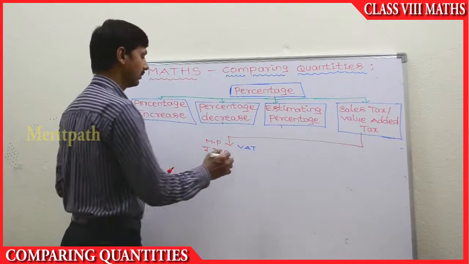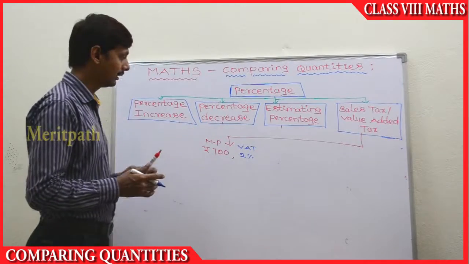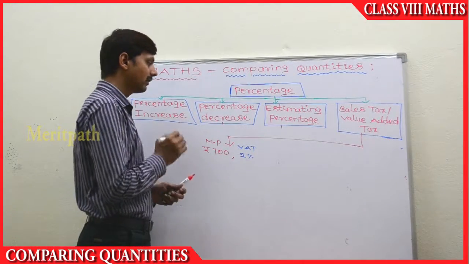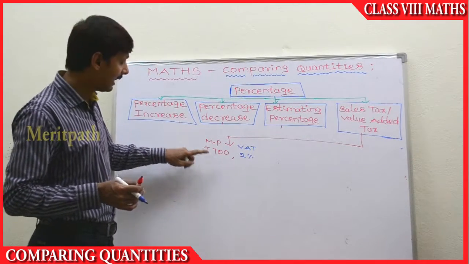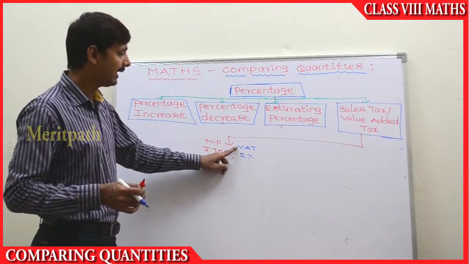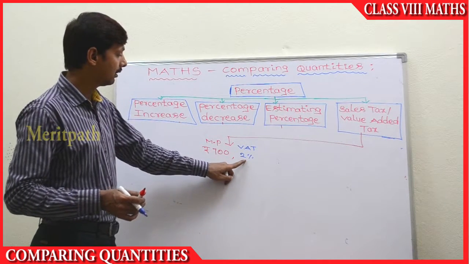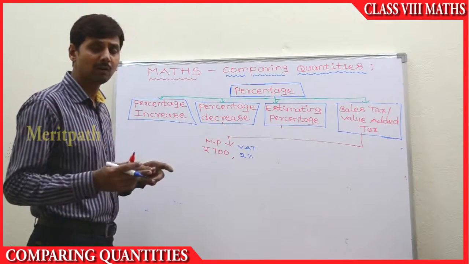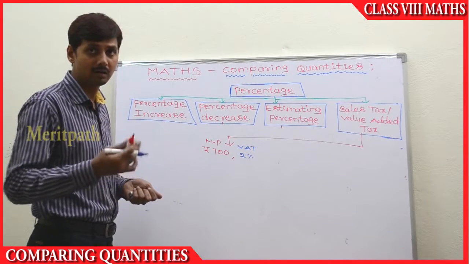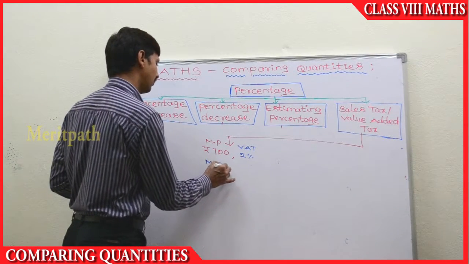For example, let's take 2% as the VAT on a particular thing. So the mark price of an item is 700 rupees. The VAT is levied on the cost of the item at 2%. So what is the actual cost we need to pay to the seller? That is the mark price plus VAT.